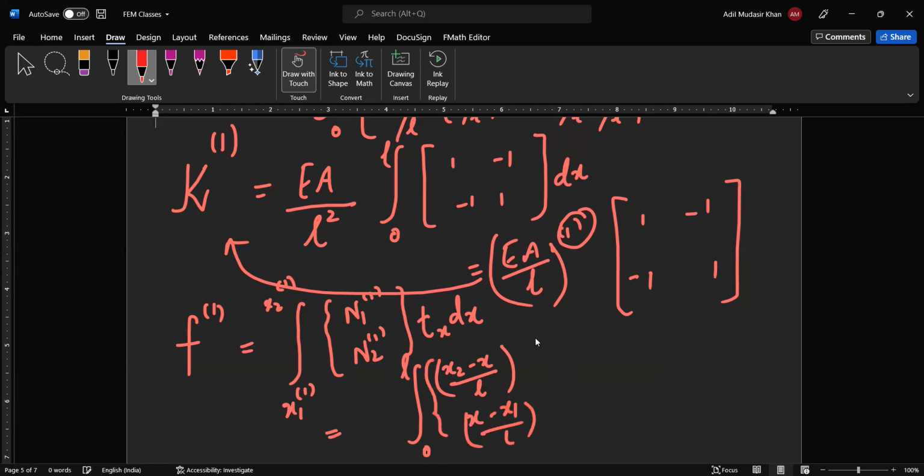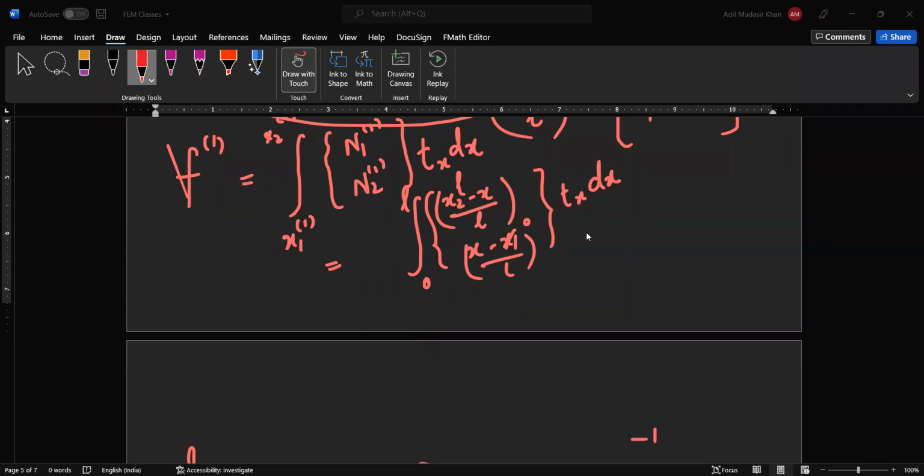Let's suppose the traction is constant, it is subjected to t of x. We have a d of x. The values of x2 and all are constant. Therefore this entire expression can be solved. Let me solve it for you so that we get the final shape of this matrix.